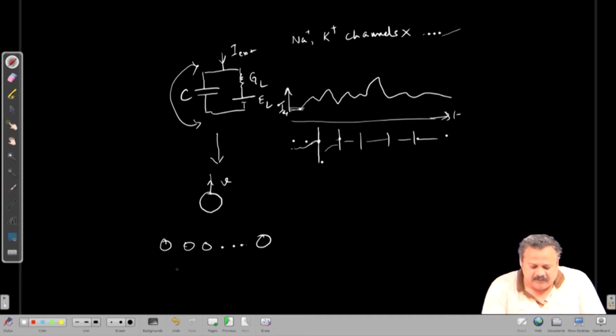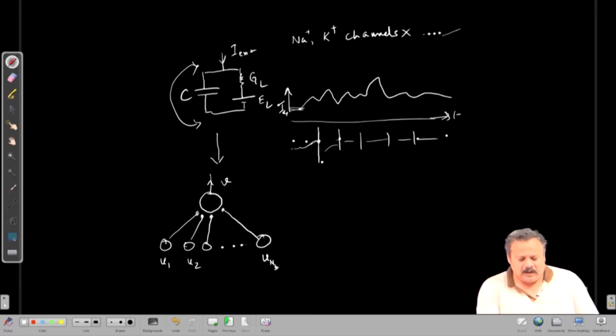Let us say this is U1, U2 up to UNB, and there are synaptic inputs onto the output neuron, and each of these has weights W1, W2 and WNB.